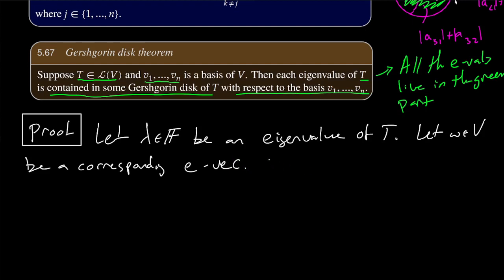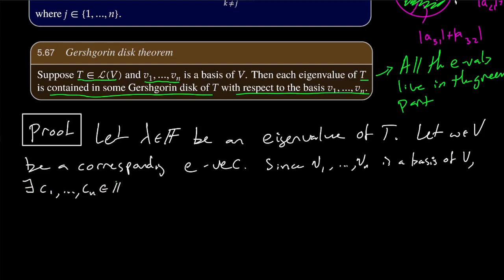Now, since V1 through Vn is a basis of V, there exist c1 through cn in the field such that w is equal to c1 v1 plus all the way down through cn vn. It's a linear combination of the basis elements.